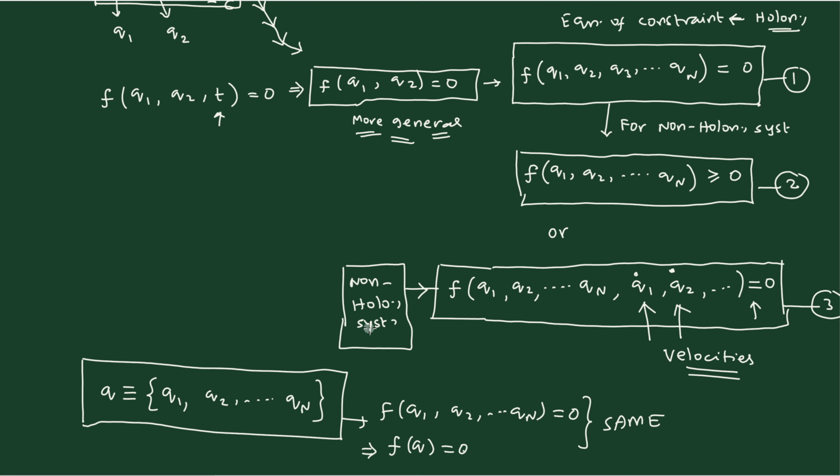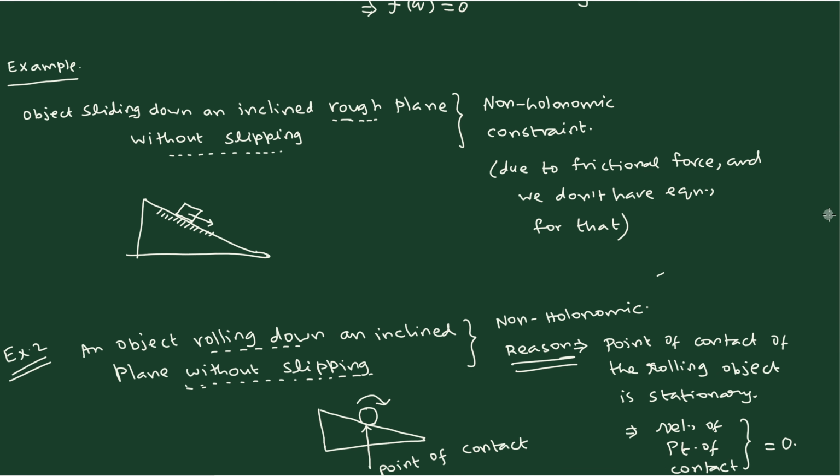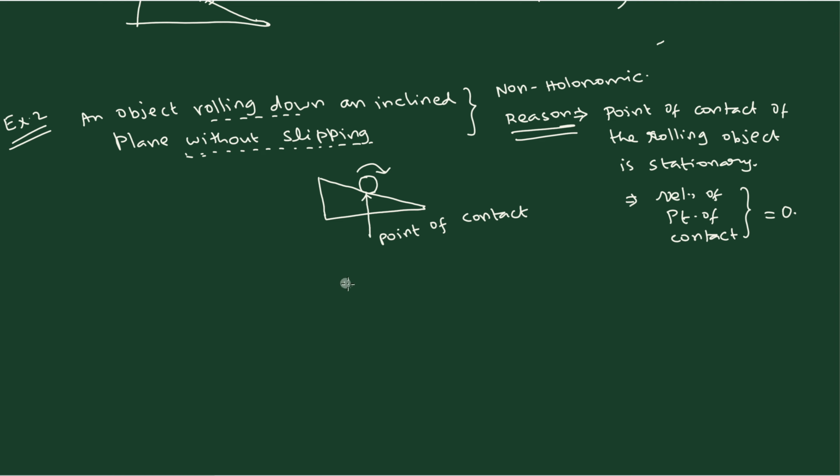We are asking the question, give me the reason why you classified it as non-holonomic. The answer is that the equation of the constraint is going to contain velocity, because we are saying that the speed of the contact point is zero. Stationary means not moving, and not moving means velocity zero.